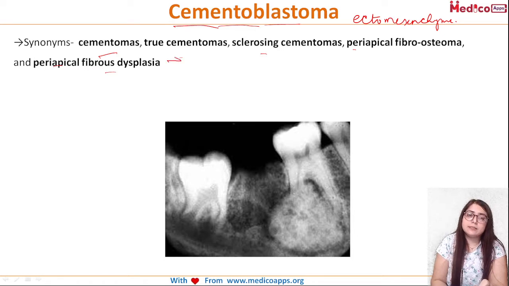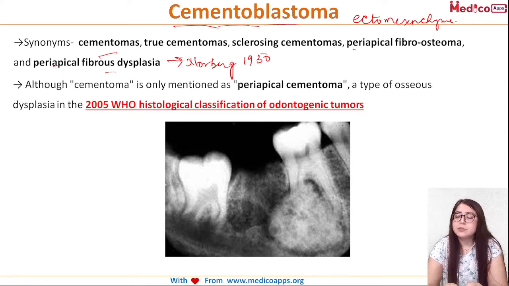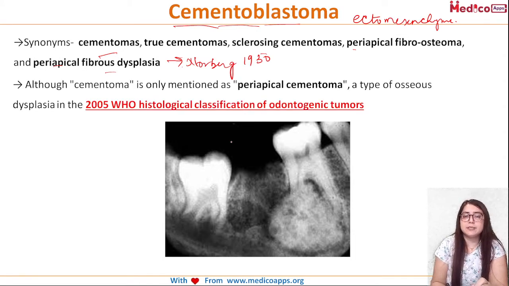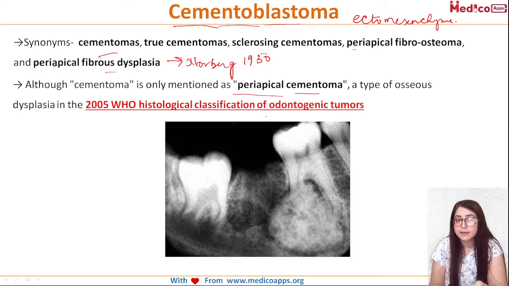Cementoblastoma was first identified as a true benign tumor by Norberg in the 1930s. Although cementoma is only mentioned as periapical cementoma, it is a type of osseous dysplasia in the 2005 WHO histological classification of odontogenic tumors.